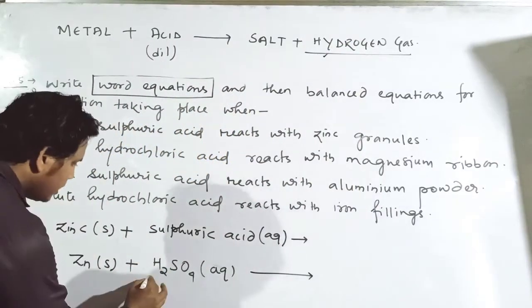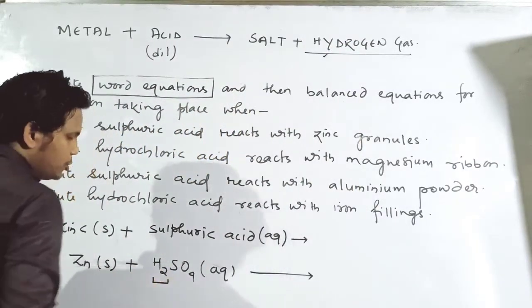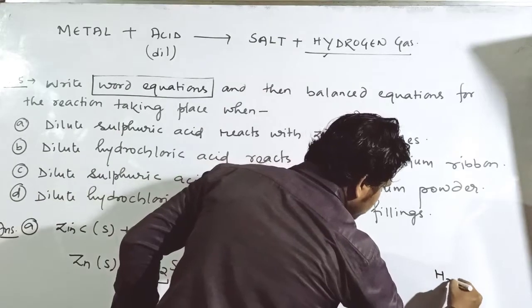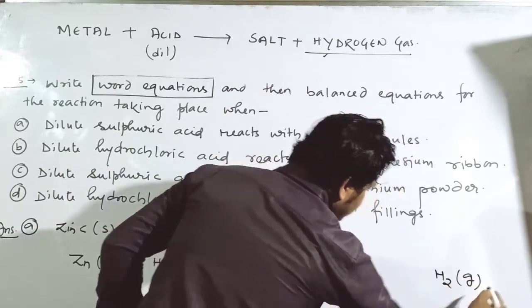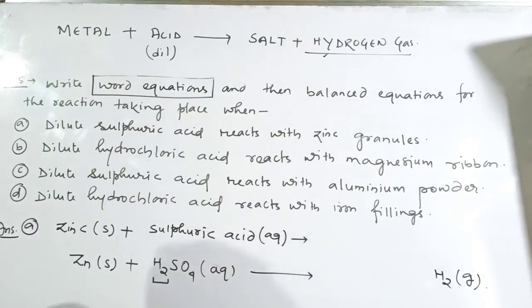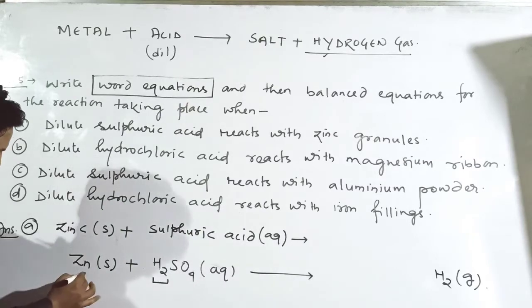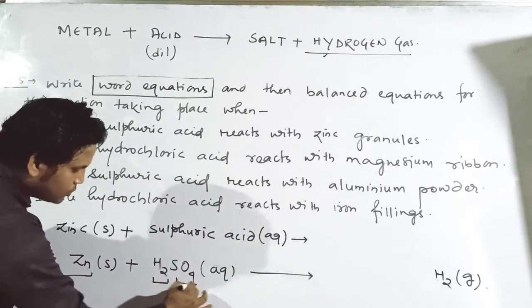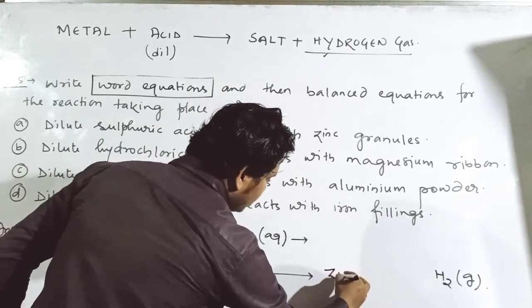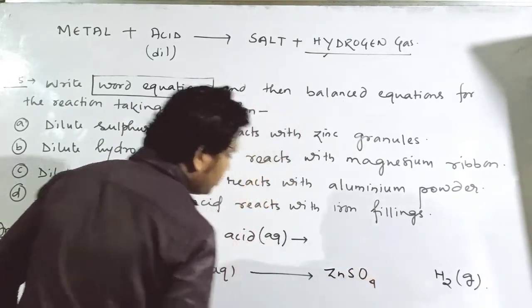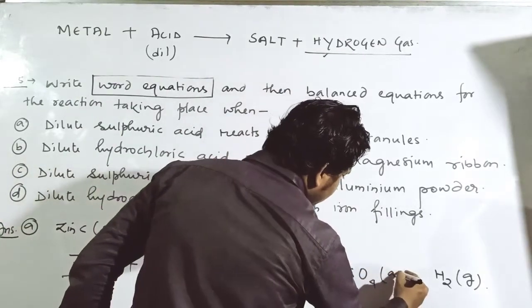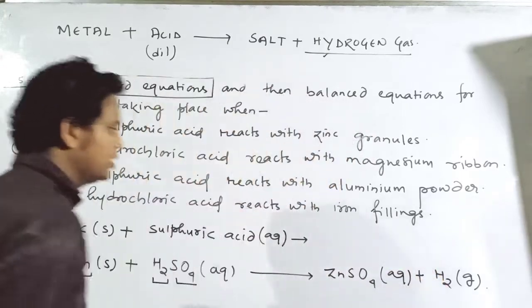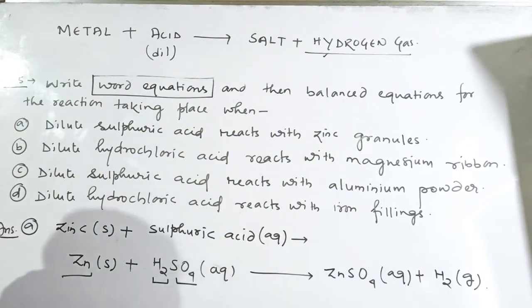The formula of hydrogen gas is H2. What will be the salt? Here zinc is left, SO4 is left, so ZnSO4, zinc sulfate, will be in the water solution. So zinc sulfate along with hydrogen gas will be our answer.